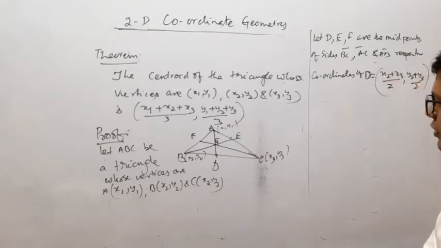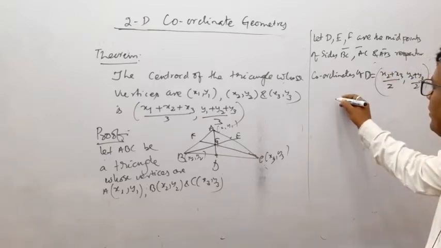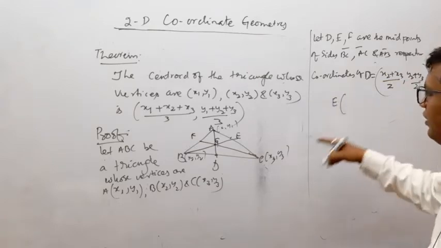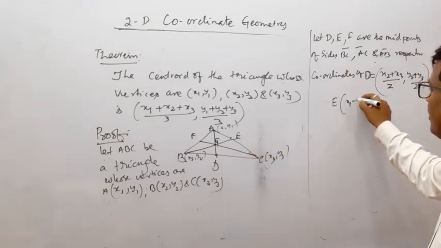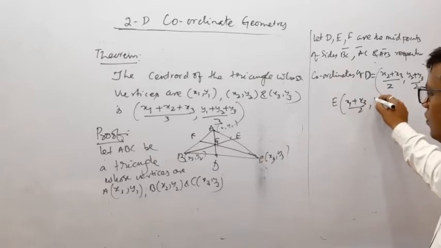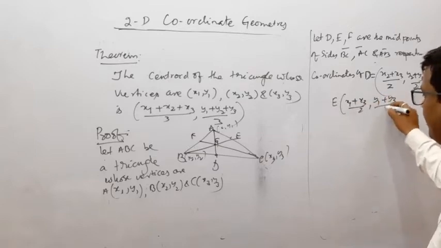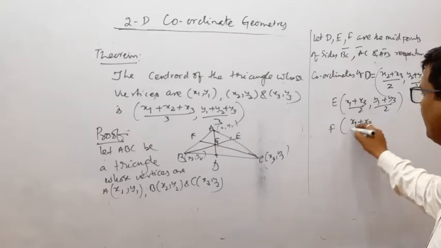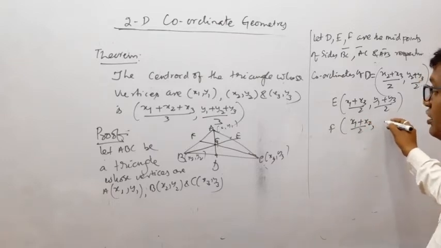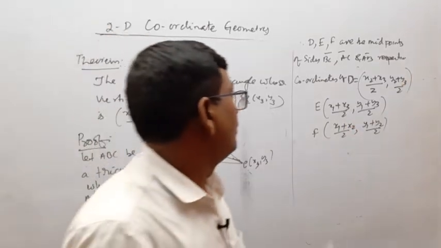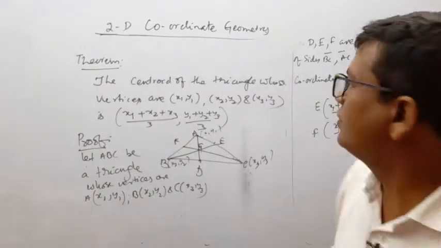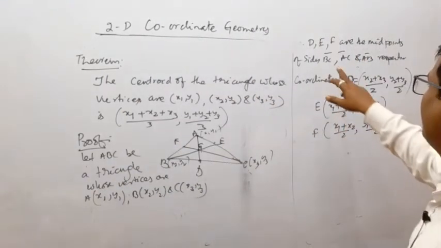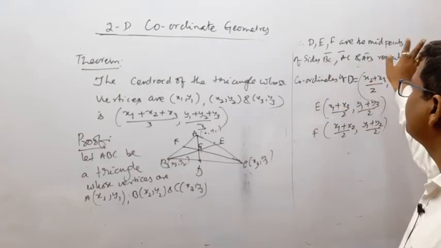Coordinates of E are x1 plus x3 by 2, y1 plus y3 by 2. Coordinates of F are x1 plus x2 by 2, y1 plus y2 by 2. DEF are the midpoints of the sides BC, AC, AB respectively.